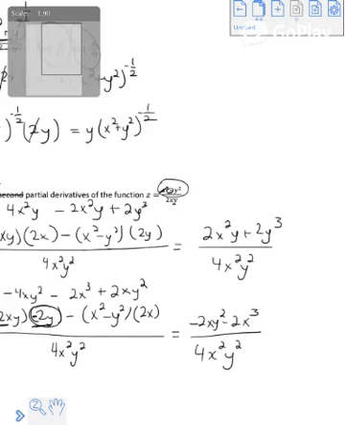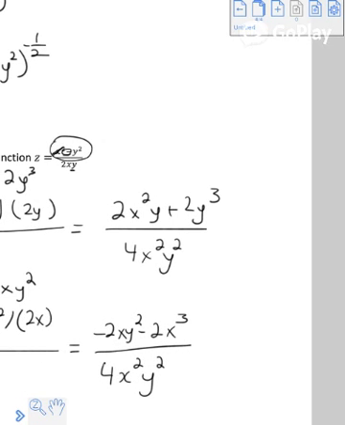Well, before finishing up, just noticed we can actually simplify each one of these a little bit more. They each have a factor of 2 there that could be simplified, and they each have some y's there that can be simplified. So that y cancels, that becomes a 2, that becomes just a y, that becomes a 1, that becomes a 1, and that becomes a 2.